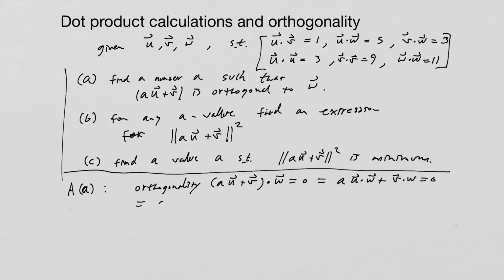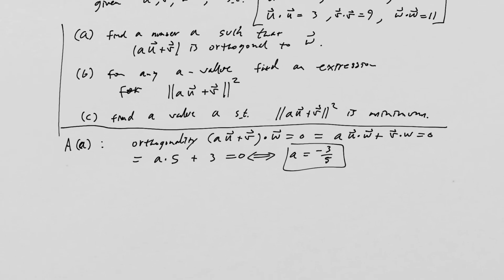I can rewrite this as A times, and then U dot W is given by 5, plus V dot W is given by 3. I set that equal to 0. That then implies that A has to equal negative 3/5. Right, so there's the answer to our first problem.